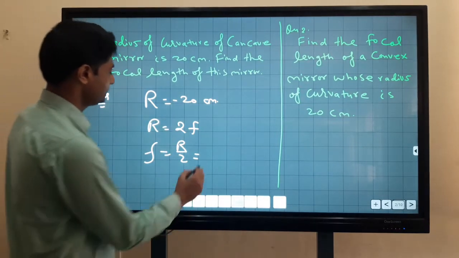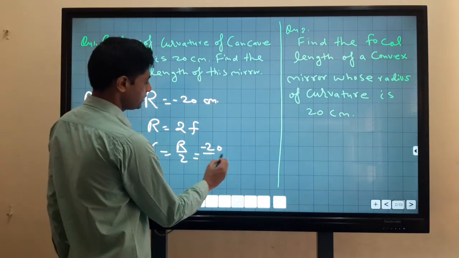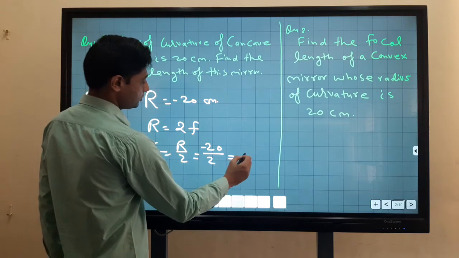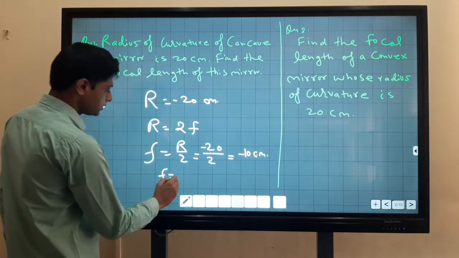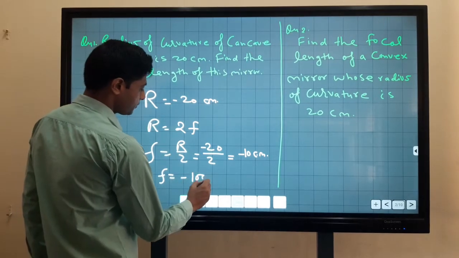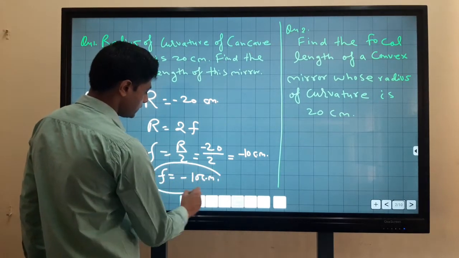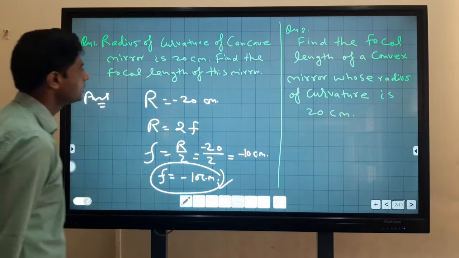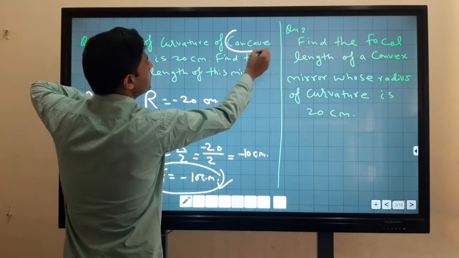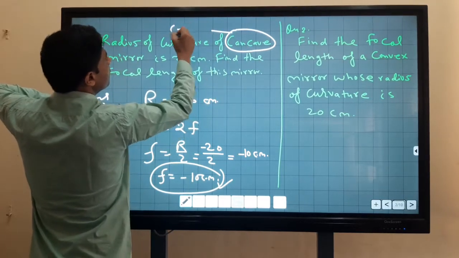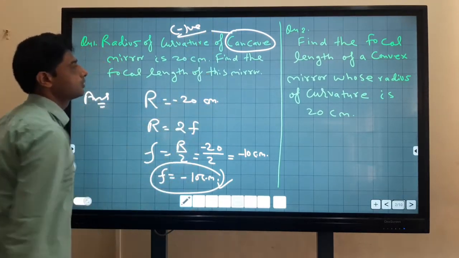The radius is minus 20, divided by 2. It means minus 10 centimeter. The focal length of a concave mirror is minus 10 centimeter. It means the focal length of a concave mirror is always negative. Okay.